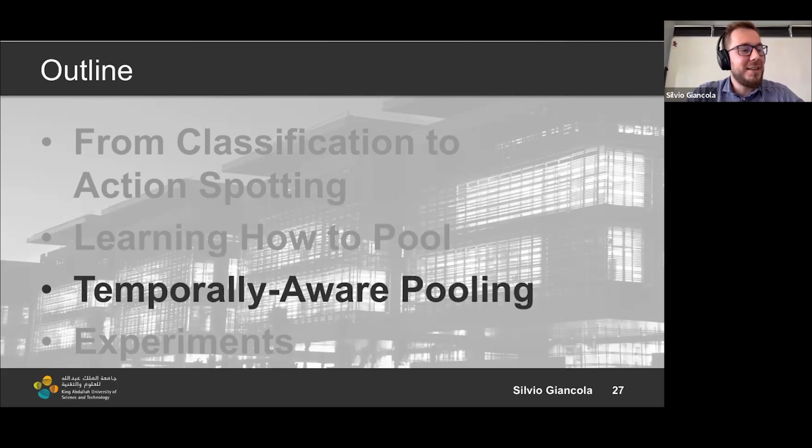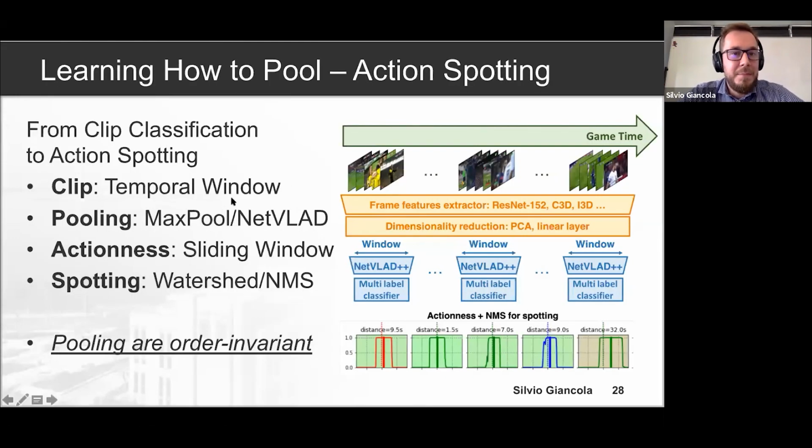Okay, let's proceed then. Hopefully my network will be trained by that time. That will be amazing. So how do we go from learning how to pool to this temporally aware pooling? As I mentioned before, to go from clip classification to action spotting, you consider clips, which are temporal windows.